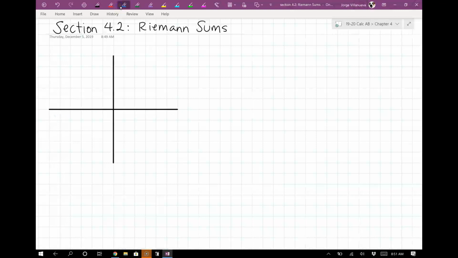He basically said, if I had a graph and someone asked me to figure out the integral from A to B, let's say here's B, then all I'm really trying to do is figure out the area found underneath the curve, this part right here.